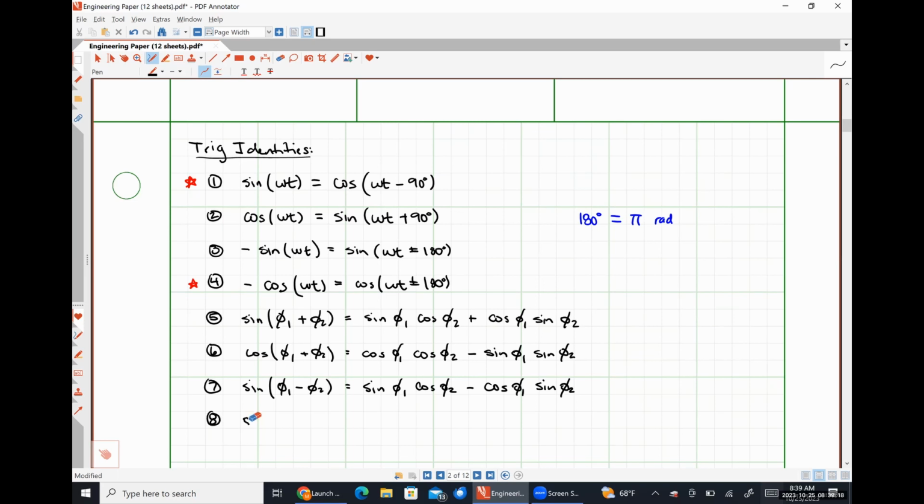And then lastly, cosine angle 1 minus angle 2 is cosine angle 1 cosine angle 2 plus sine angle 1 sine angle 2.